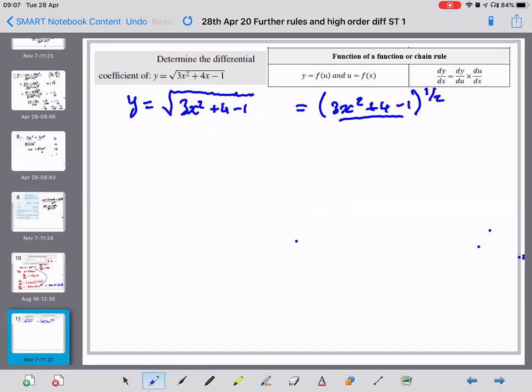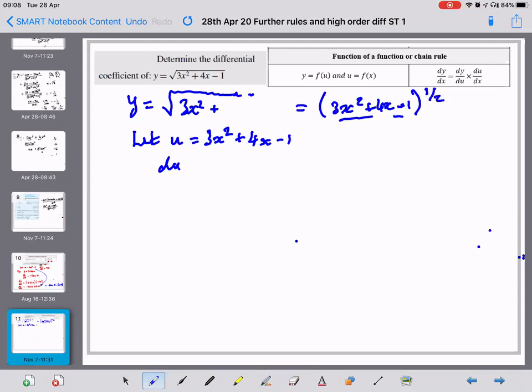Now we've done that, we can let u equal 3x squared plus 4x. Someone didn't spot my deliberate mistake. Minus 1, 4x minus 1.